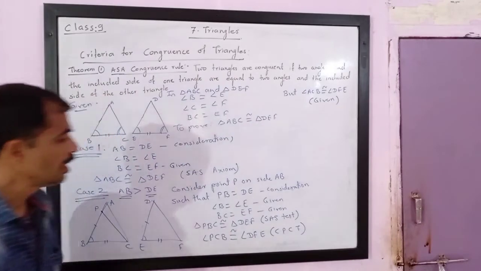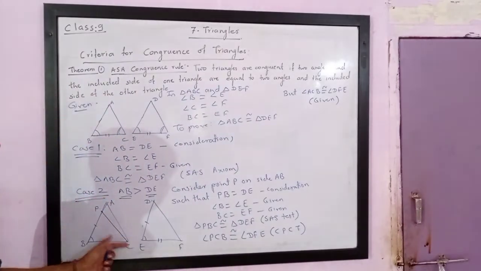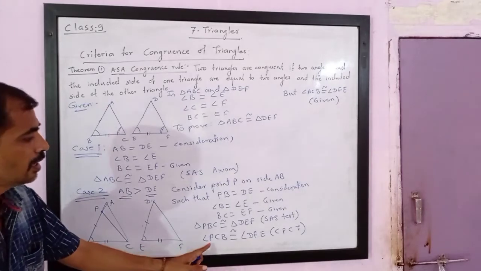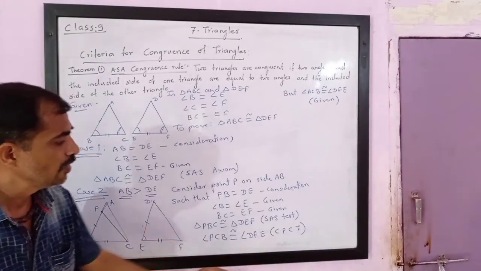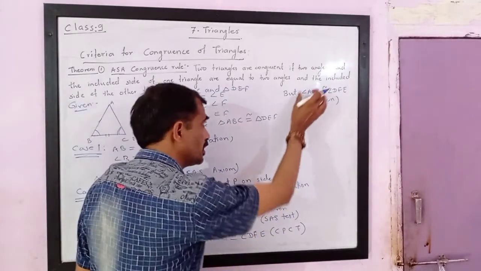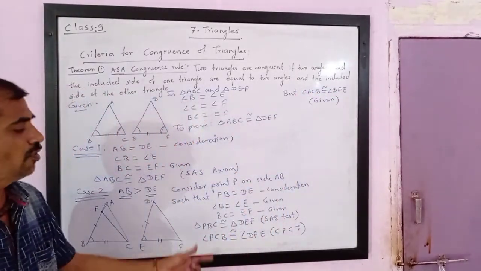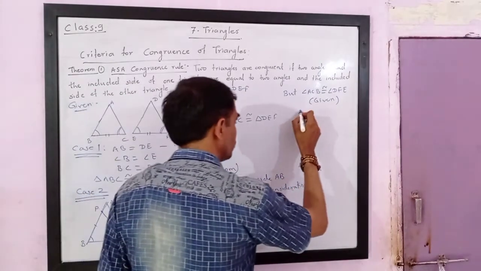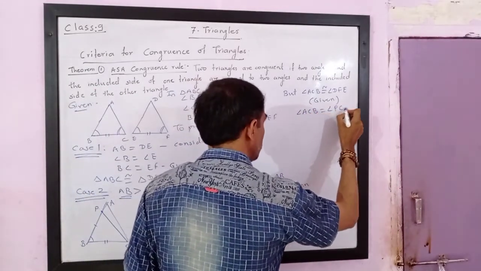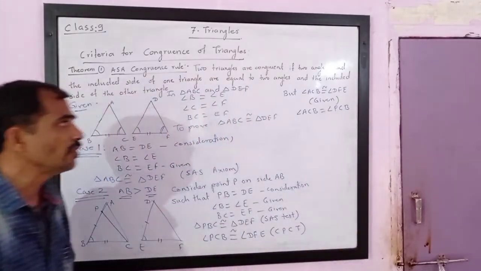Please note, here ACB is congruent to DFE and we have got PCB congruent to DFE. It means if the right hand sides are equal, the left hand sides must also be equal. So angle ACB is equal to angle PCB. Look at the figure now.